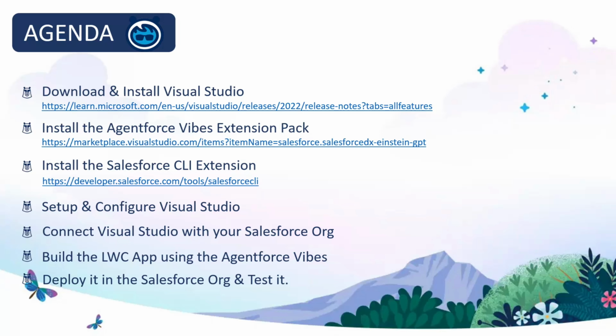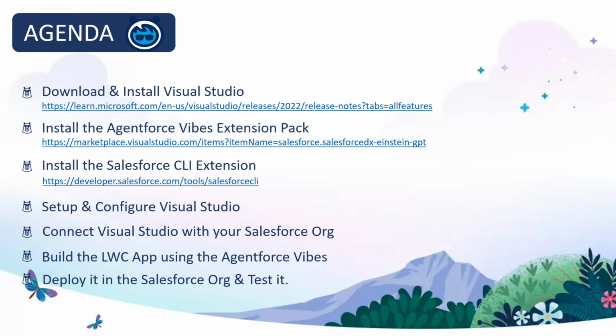When we set up the Visual Studio tool, we always click on the extension called Salesforce Extension Pack, but now this has changed. Now in the Agentforce Vibes extension pack, you get everything, including the previous pack and Agentforce Vibes.